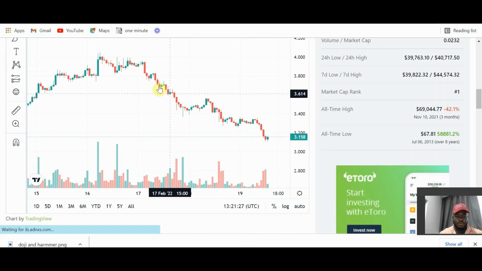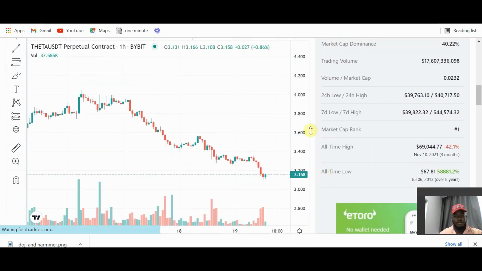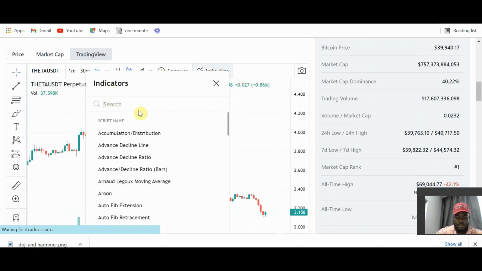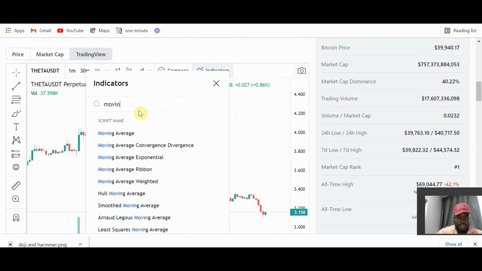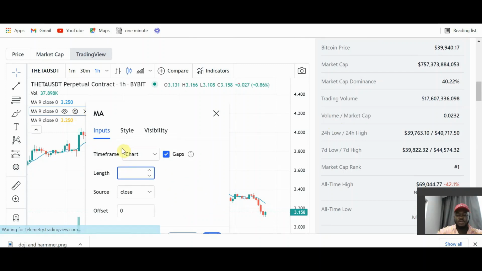So my people, we're talking about moving average, right? So let me add moving average again. You already know about RSI, simple moving average. Using three simple moving averages with different time frames, how to smoothen the trend.